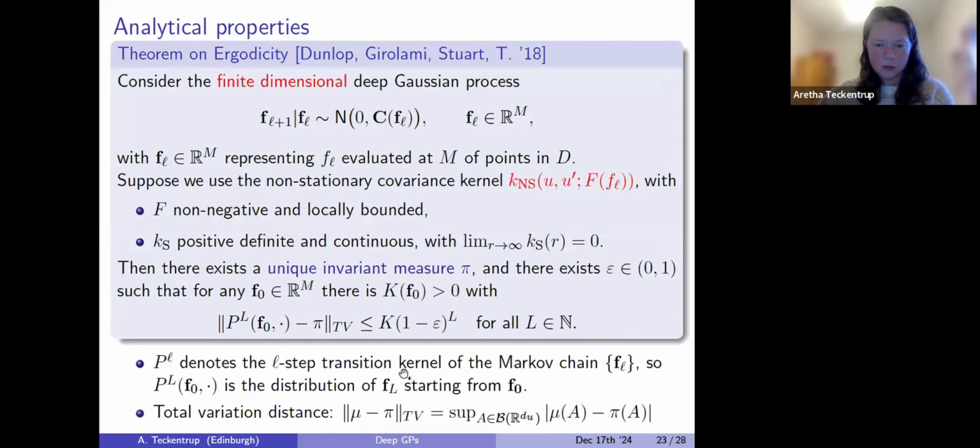Just want to spend another 1 or 2 minutes on this. So this is the result with the number of layers L. The main result is this here: if you look at the distribution of the deep Gaussian process with L layers, that's what this PLF0 is. So it's a deep Gaussian process with L layers.